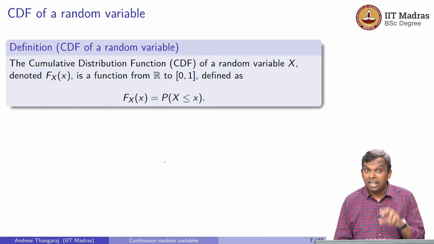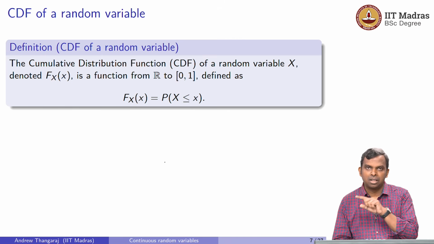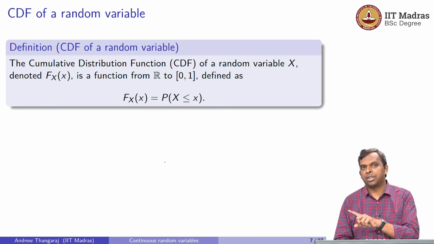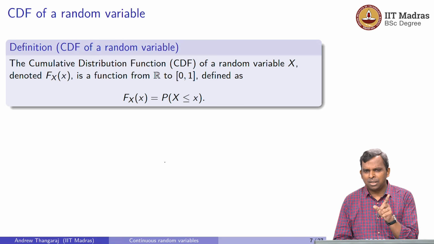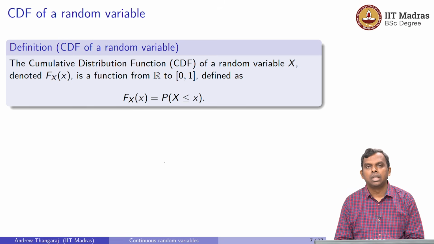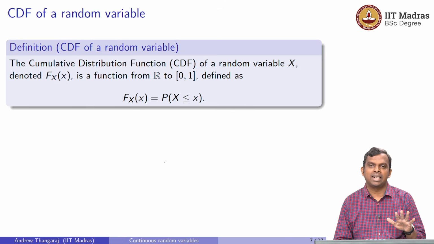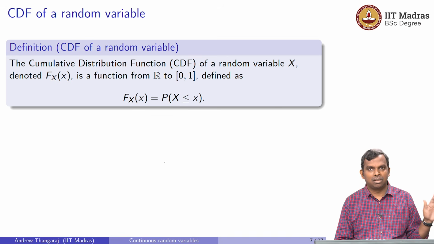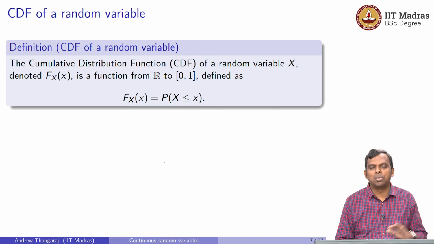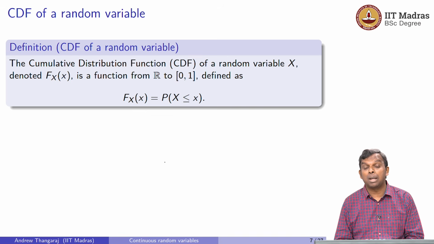But the CDF is a very important bridge between the discrete world and the continuous world. You'll see it gives you that nice interconnect, and I'll convey that to you in this lecture or maybe the next one. But before that, let's first understand what the CDF is, do some simple calculations with it, and get used to how to work with the CDF, because so far we've been working with the PMF, with discrete random variables only.